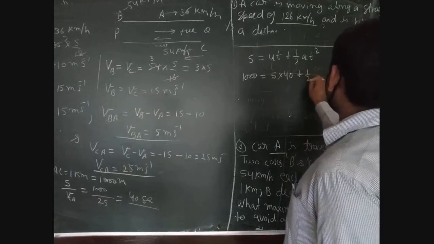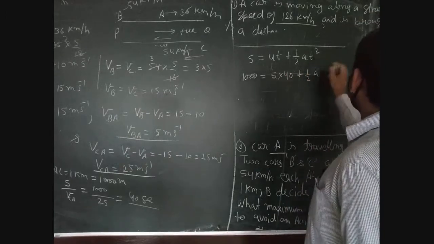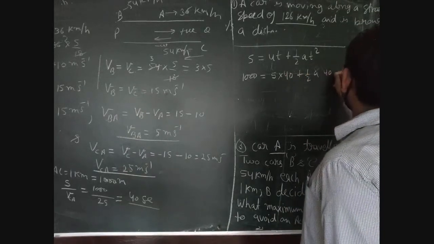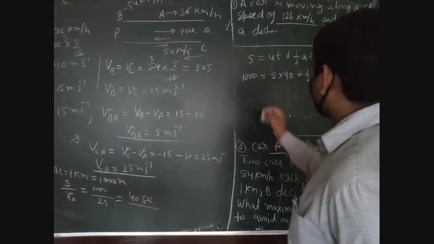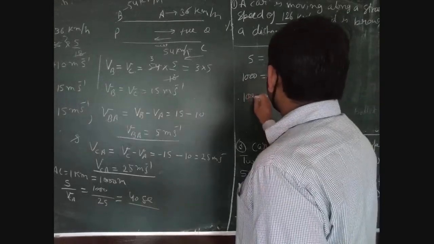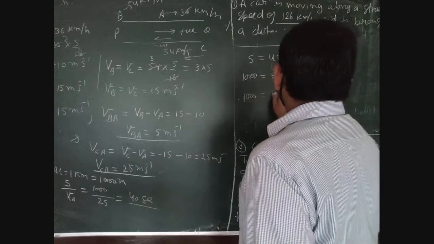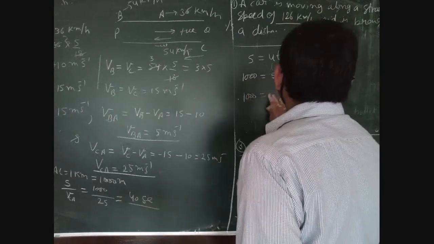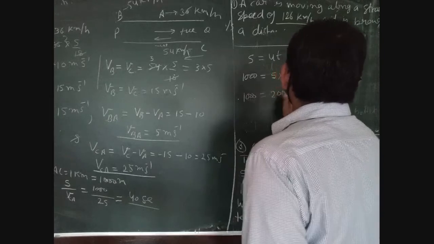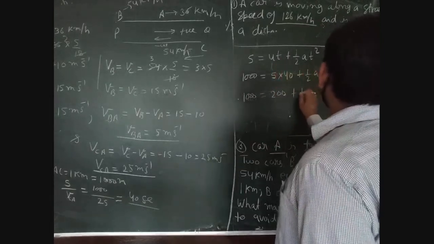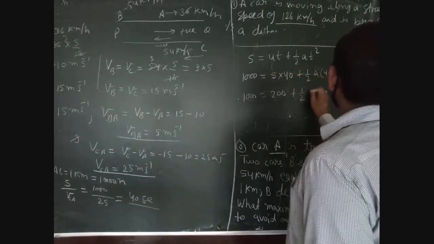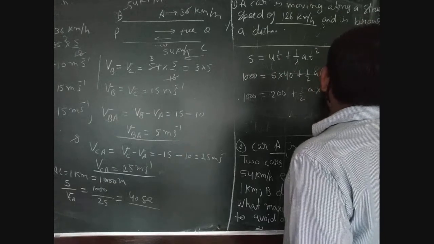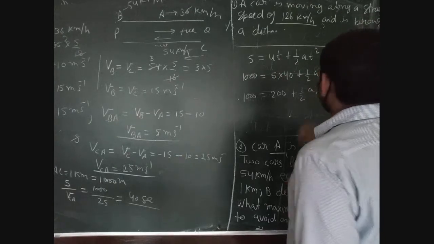So 1000 equals 5 into 40, that is 200, plus 1/2 a into 1600.